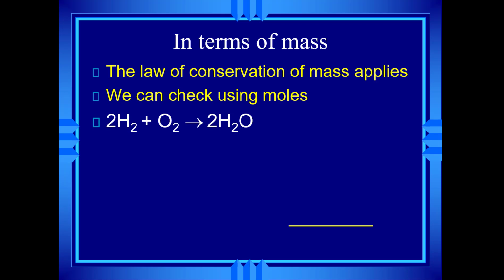With this one, we drew pictures that said all the atoms were still there. We talked about those pieces. We said we could interpret it in terms of moles. So on my reactant side, if I'm going to interpret this in terms of moles, I have 2 moles of H2. Just copy that down.